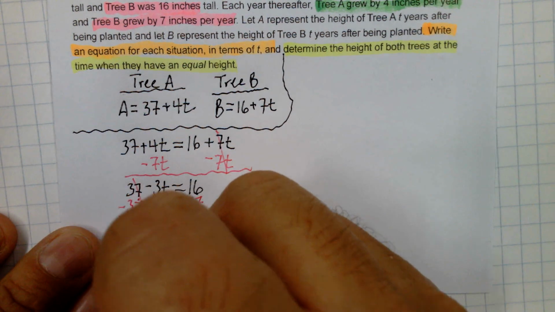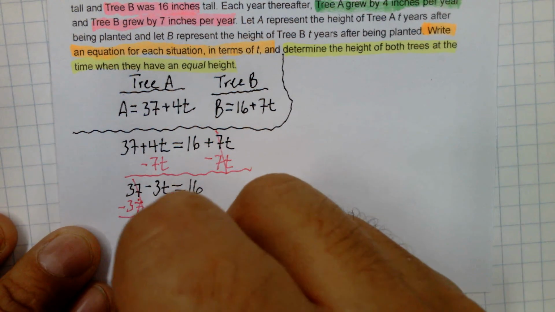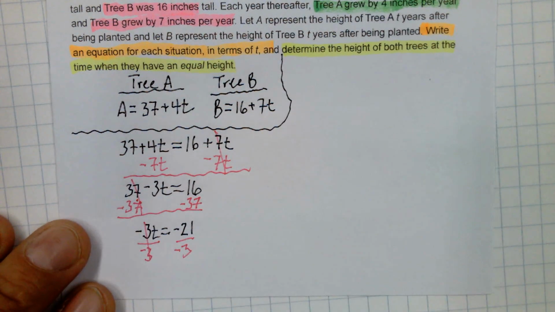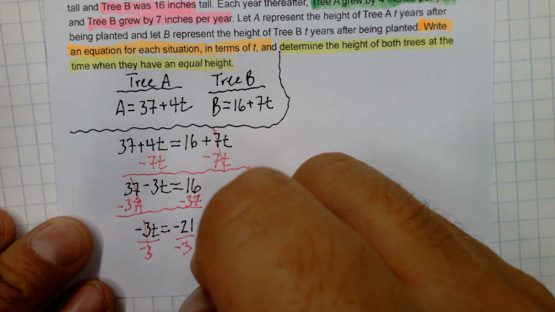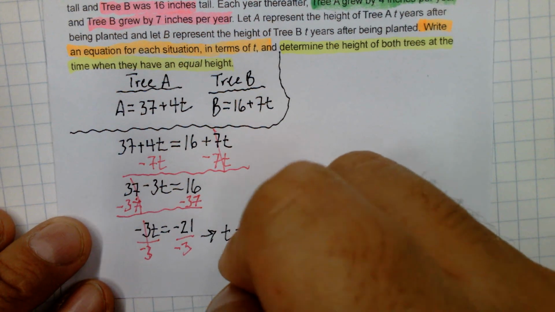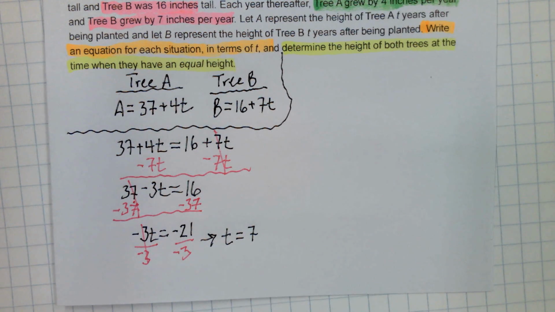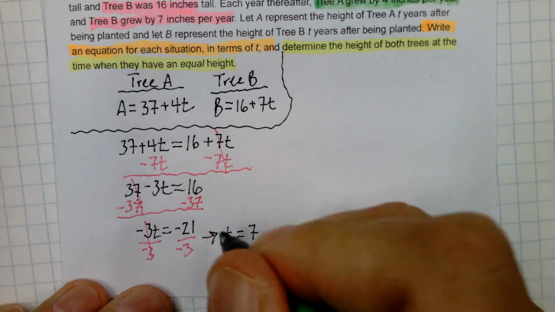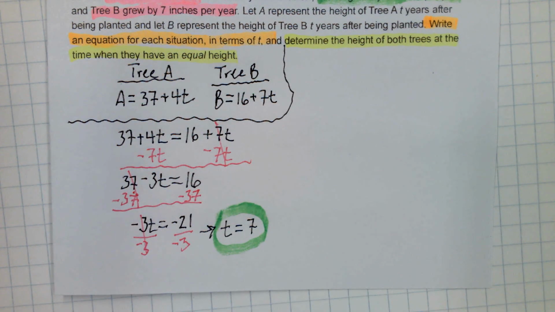T equals 7. 7 years. Okay, so that's important. We need to know that number, because after 7 years, both trees will be the same height.